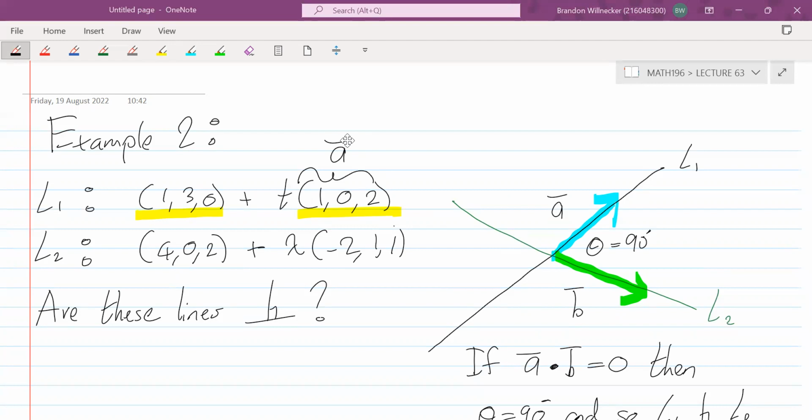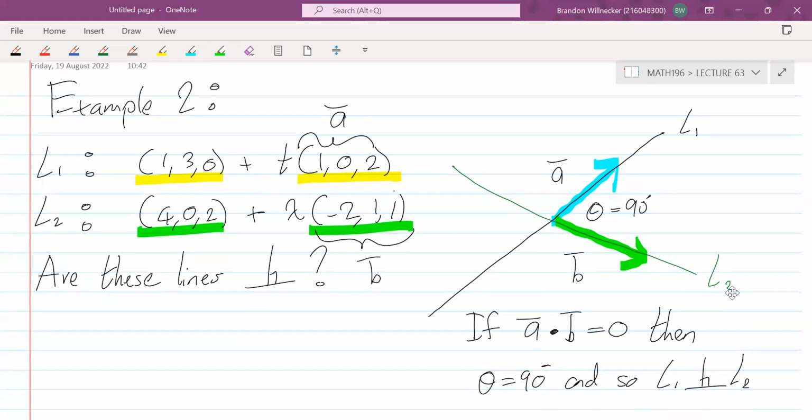That's the direction of the line. Similarly for line L2, the first vector, that's just any point along the line. The second vector, the one with the parameter, that is the direction of the line. So that's going to be our B vector. Okay, so that's how we find the directions of the two lines. It's the vectors that go along with the parameters.